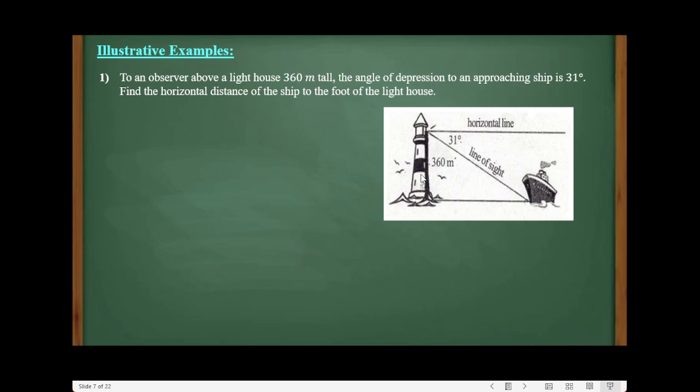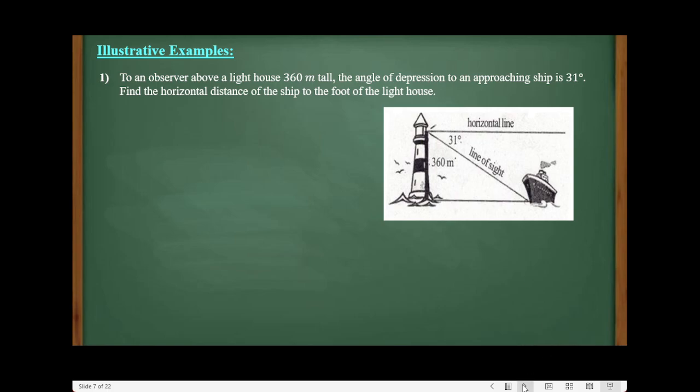So the problem is requiring us to find the distance of the ship from the foot of the lighthouse. So this is the distance, the one we're going to look for: the horizontal distance of the ship to the foot of the lighthouse.